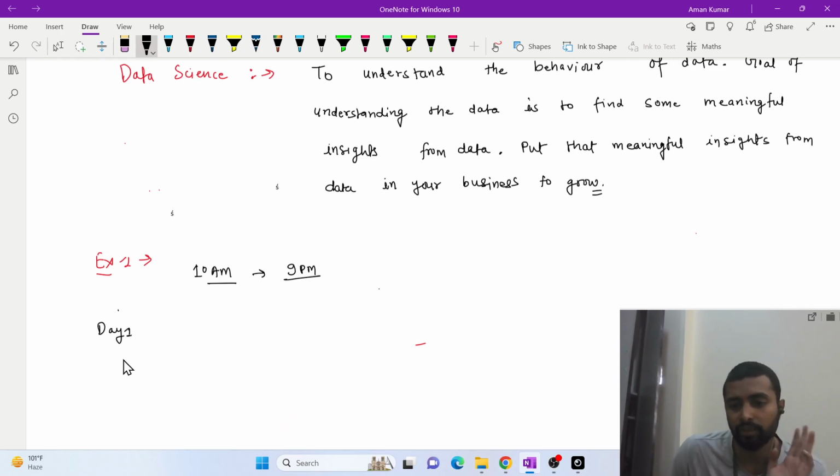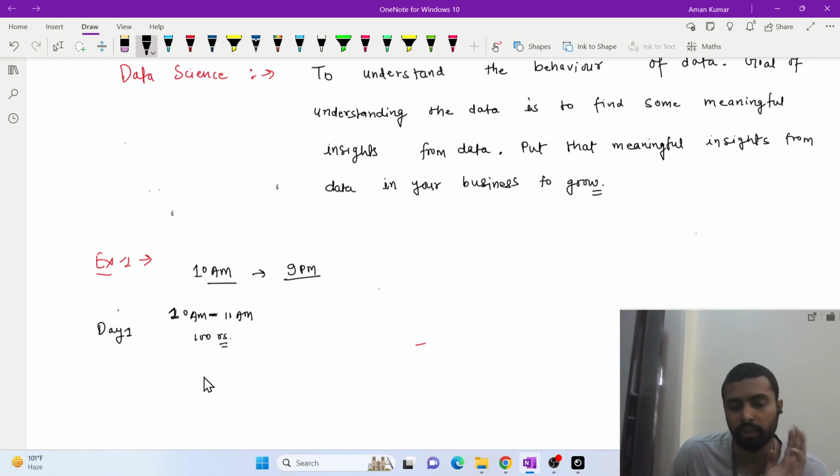You open the shop, and of course you want to have some margin, or some earning, from this business. So you decide to collect the margin, or the benefits you get, every one hour. When you open the shop at 10 a.m., from 10 to 11 a.m. you get a margin of 100 rupees.